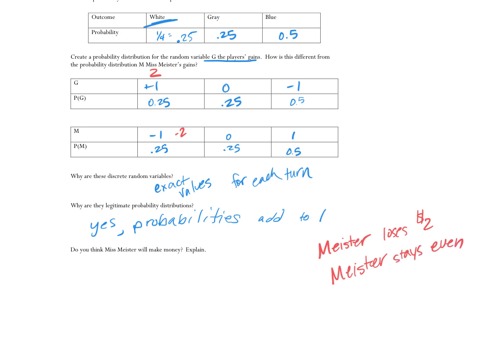And then you two are both going to spin a blue. Everybody with me? And that would be Meister gains $1, times 2. It's going to happen twice. So overall, did Miss Meister make any money? Lost 2, got 2. Yeah? And if we did this for a large number of trials, this would happen a lot.